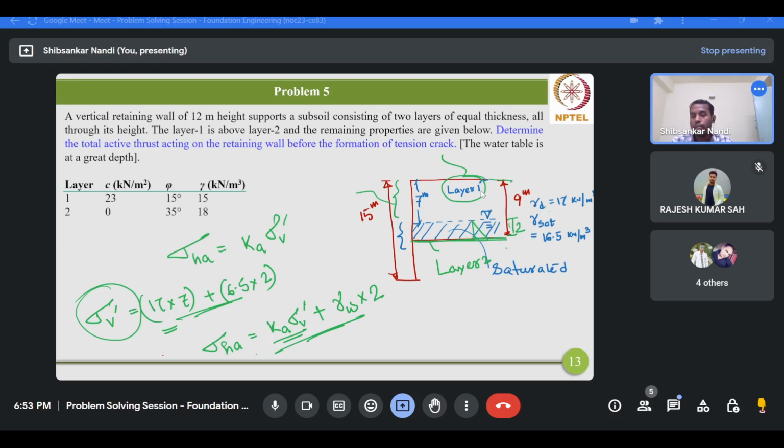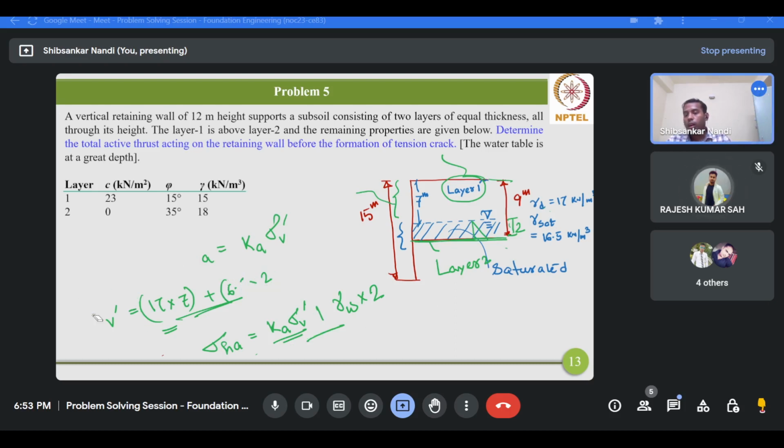Obviously phi, because this coefficient Ka is defined in this fashion: 1 minus sine phi by 1 plus sine phi. So you have only one variable, phi. So as long as phi is constant, you have constant K, and if phi is different, you will have different K. Okay.